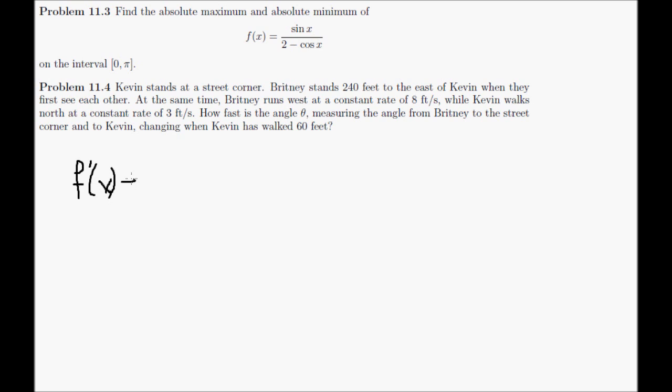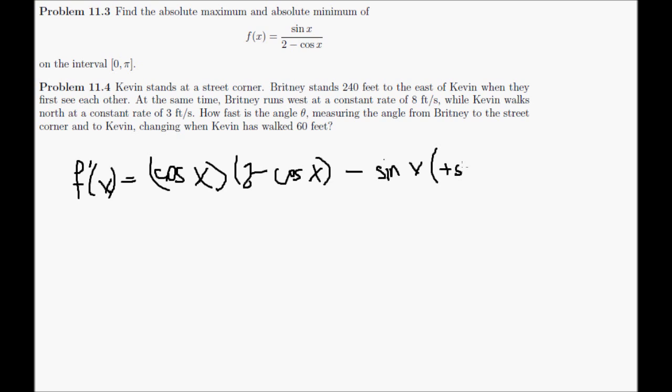F prime of x is equal to derivative of the top times the bottom minus the top times the derivative of the bottom, and the derivative of the bottom will be plus sine x, over the bottom squared.